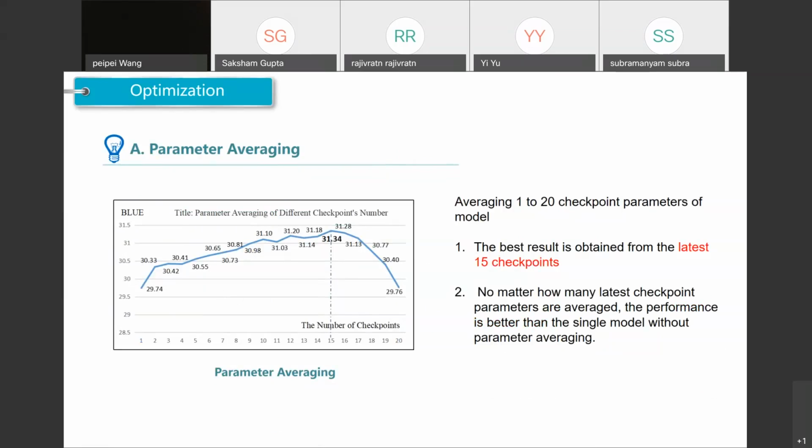By averaging 1 to 20 checkpoint parameters of the model, we found that averaging parameters has a positive influence. The best result is obtained from averaging the latest 15 checkpoints. The experimental results also show that no matter how many of the latest checkpoint parameters are averaged, the performance is better than the single model without parameter averaging.